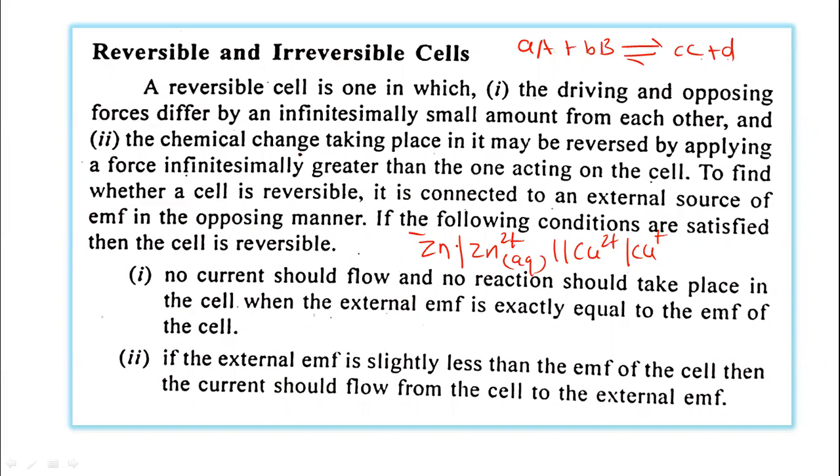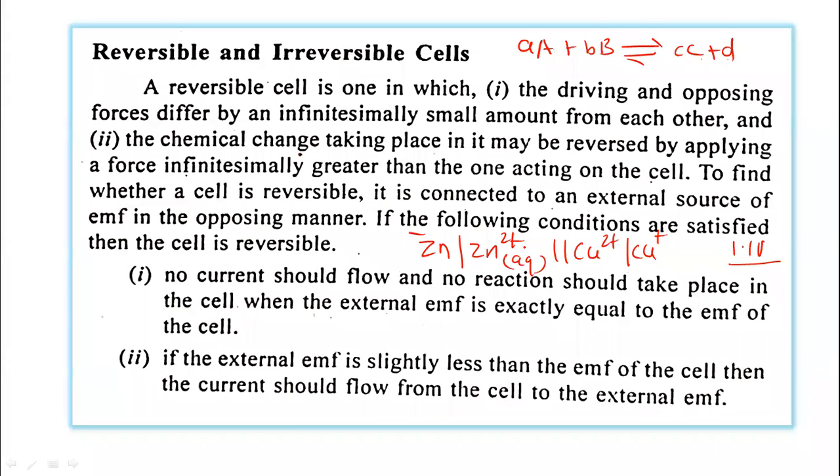And when the electricity is supplied to the cell externally, the driving force will be less. Suppose that this cell produces 1.1 volt. When the reactions take place, this much electricity is produced.